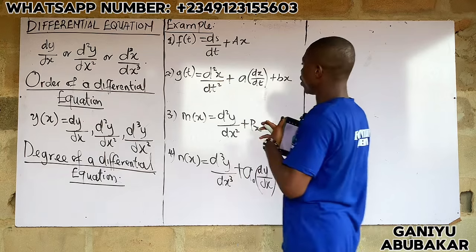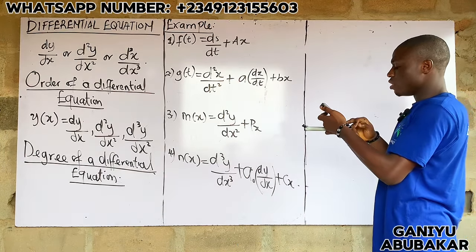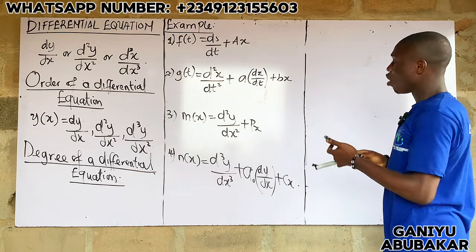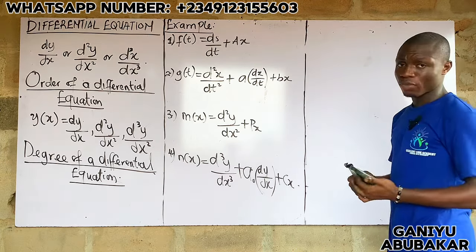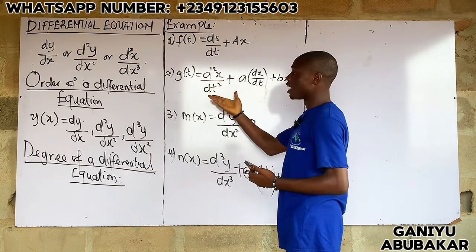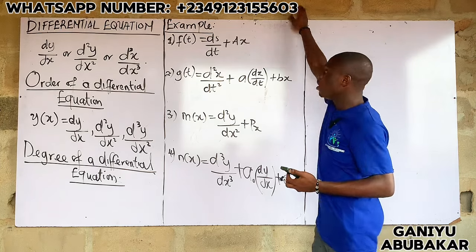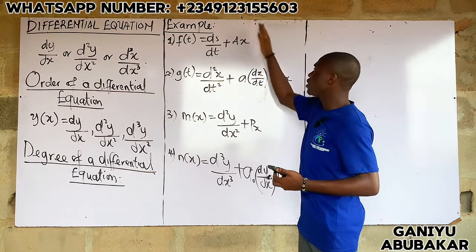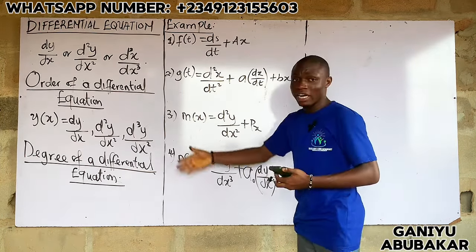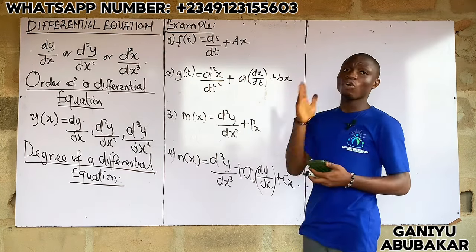For this question, we are told to find the order and degree of this differential equation. Before I start finding the degree and order of this equation, my very first task is to ask myself, is it a differential equation? Of course, yes.